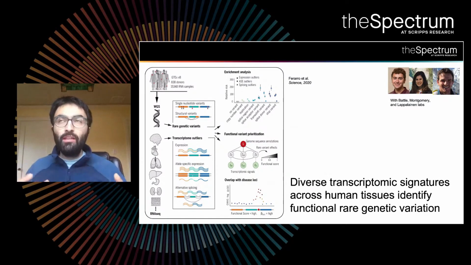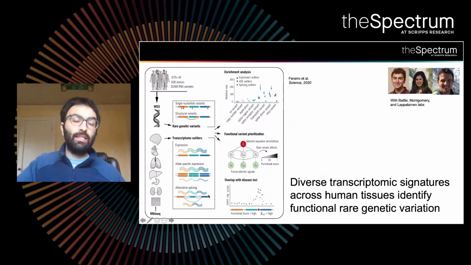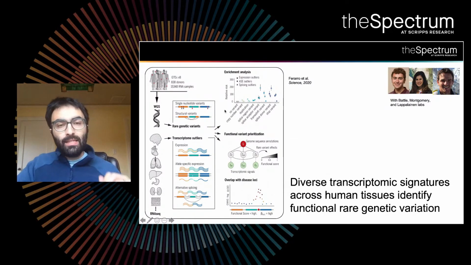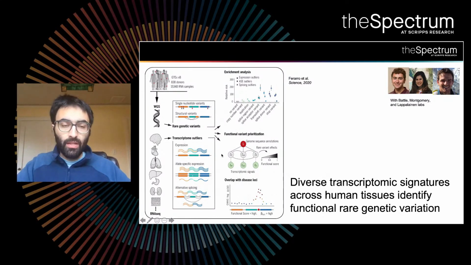And identifying these sort of functional rare variants is generally a hard task because by definition they're rare and you don't have that much statistical power to get an understanding of what these things do. So what we did is that we teamed up with a couple other groups and we looked at all sorts of phenotype signals that we could get out of standard RNA-seq data and see how we can use outliers in these signals to identify variants that are likely doing something.